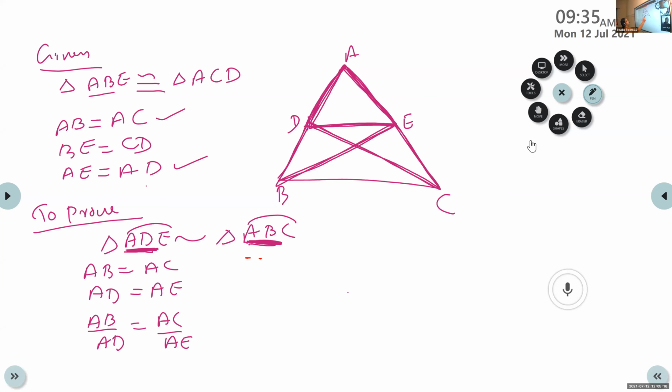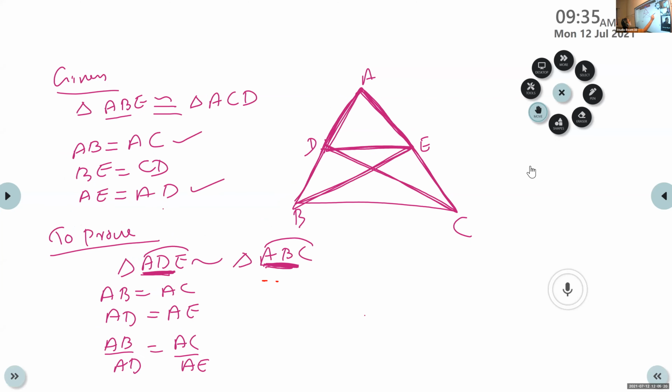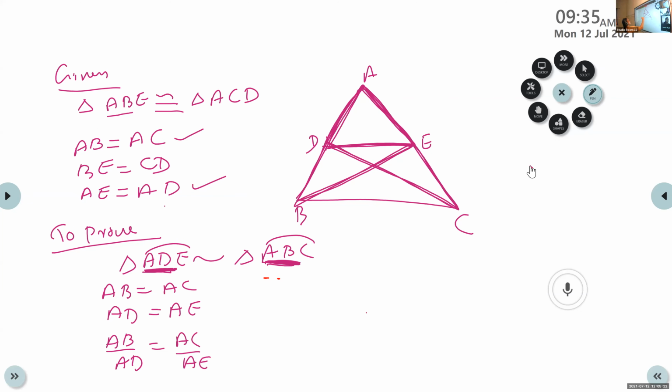Can you add anything so that these two triangles are similar? ADE, this small triangle, and this large triangle. You have studied the similarity criteria. Can you add anything to this?